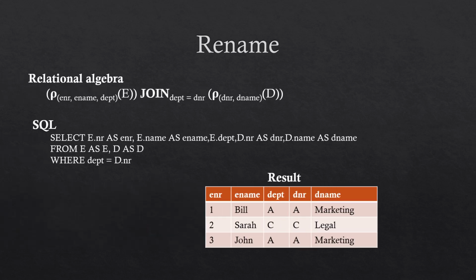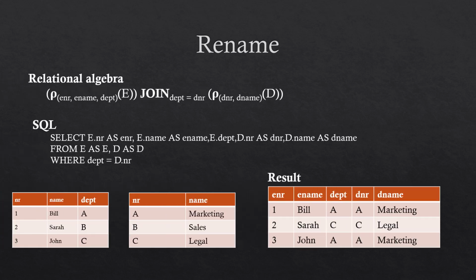As you can see, we have three tables below. The first one is our employee table, which is E, the second table is the department, which is D, and the third one is the result. For relational algebra, we have rho, then ENR, ename, and dept.